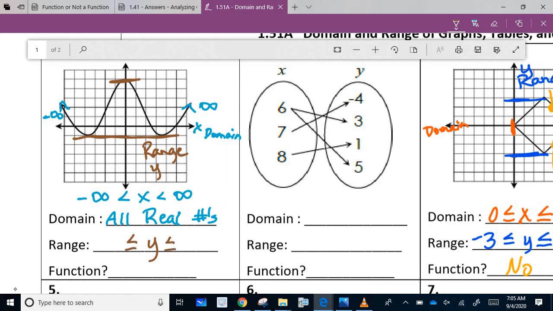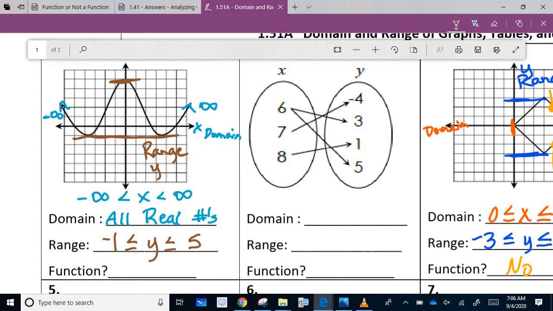Make sure that you always put the smaller number on the left-hand side, and I see that it comes down here to a -1. The lowest point is a -1. So I put a -1 right here. The highest point is at 5. So I have 0, 1, 2, 3, 4, 5.